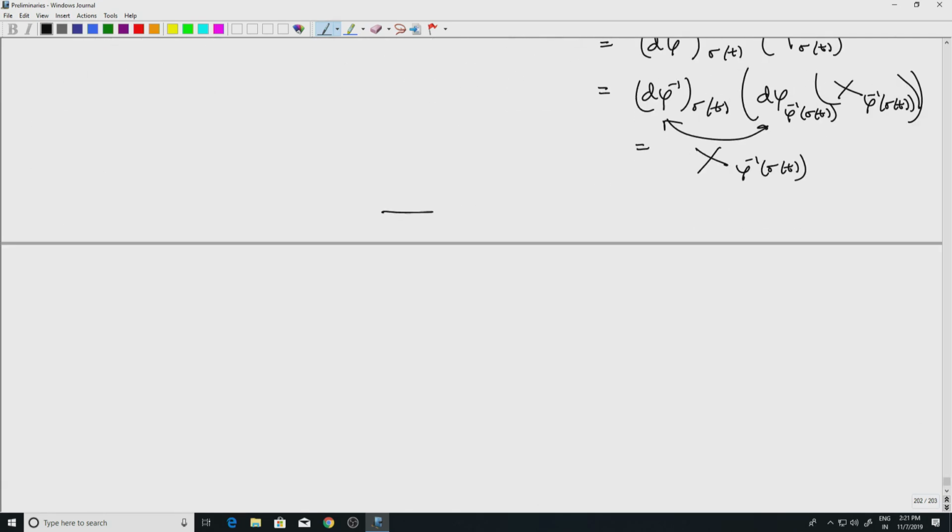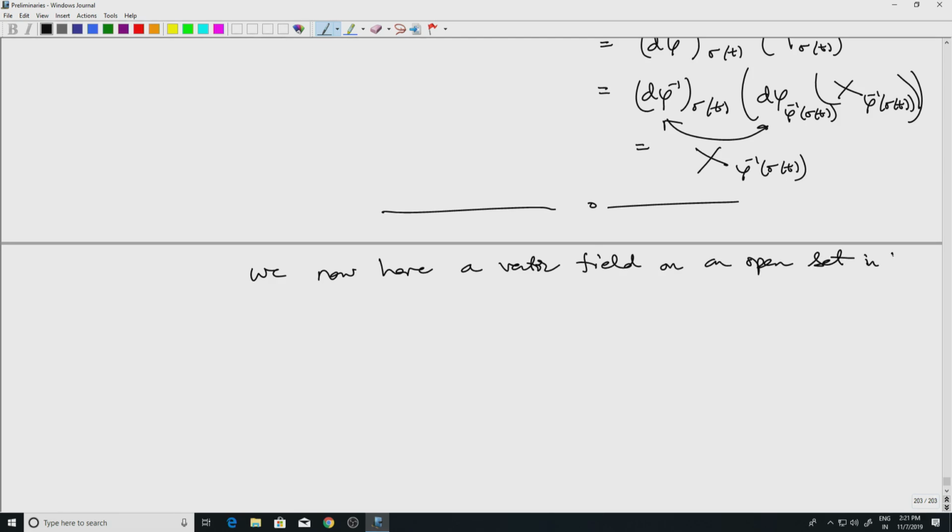So with all that in hand, now let us finally look at what the integral curve equation looks like. We now have a vector field on an open set in Rn.